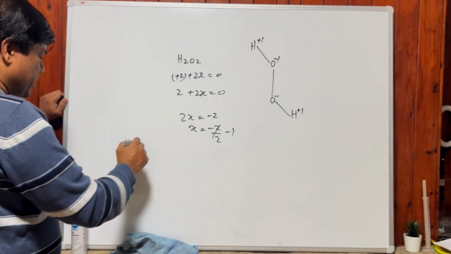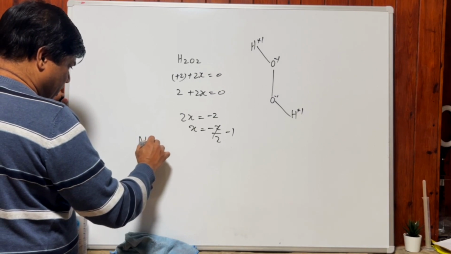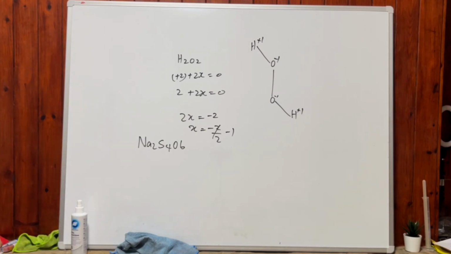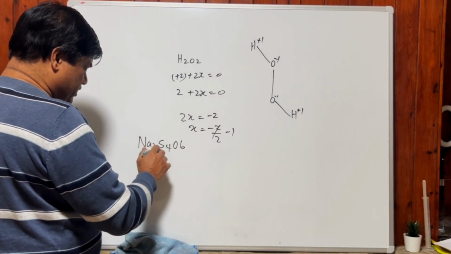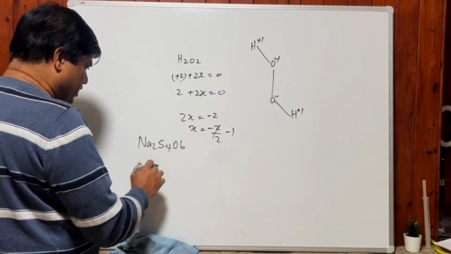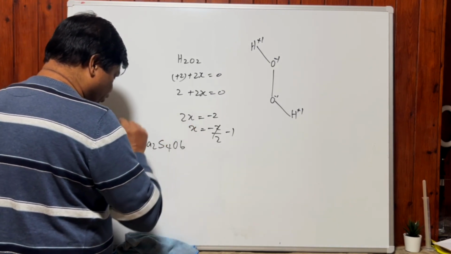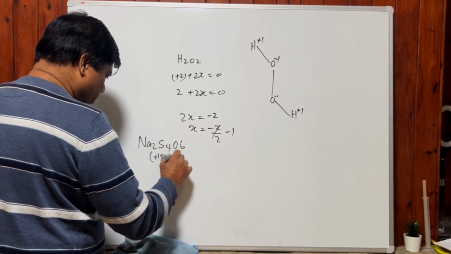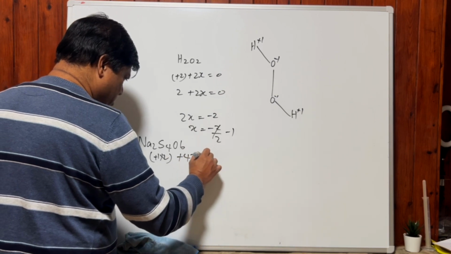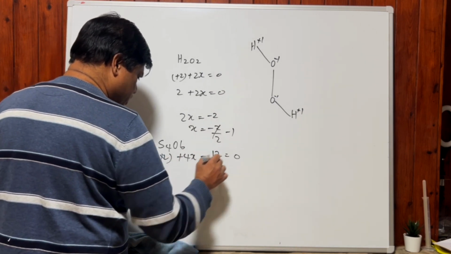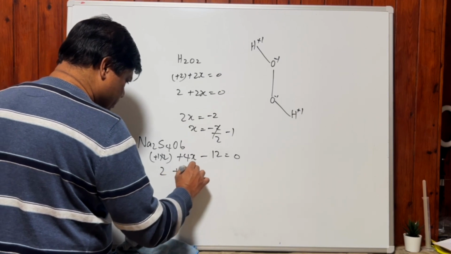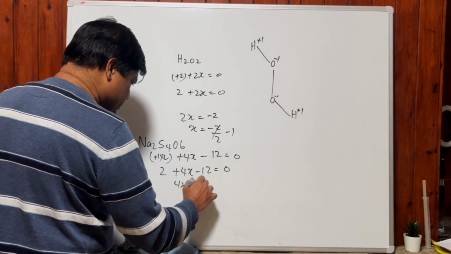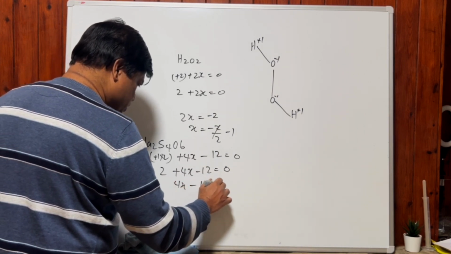One more example: sodium tetrathionate, Na2S4O6. Let's check the oxidation state of sulfur by using the formula. Na plus 1 times 2, plus 4x, minus 12 equals 0. 2 plus 4x minus 12 equals 0. 4x minus 10 equals 0.